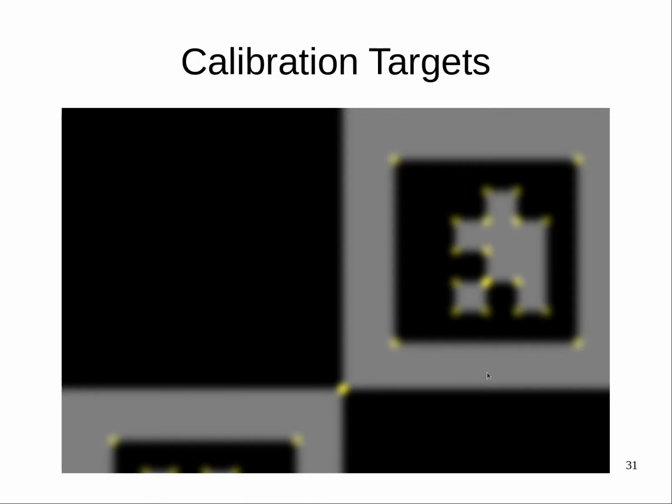And if you now look at the corners which are not at the crossing between two black tiles, then you see that the gradient maximum is on the outside. So if you use this one, then you overestimate the size of the quad, or the location of the corner in 2D.